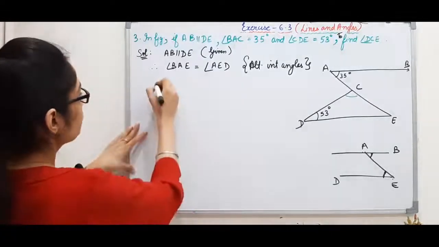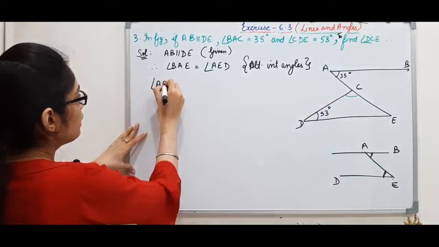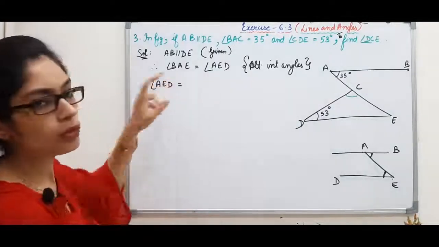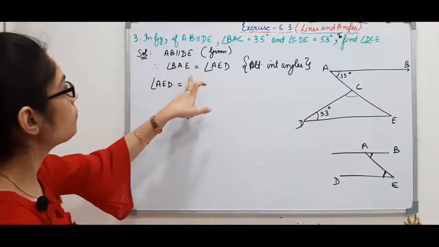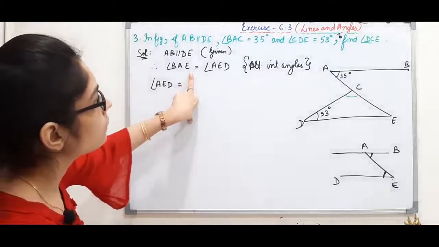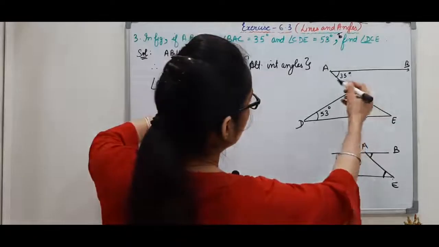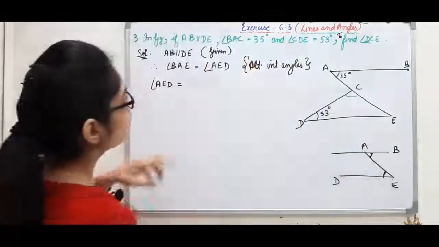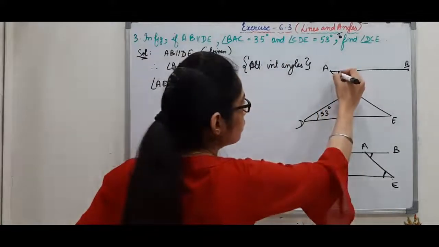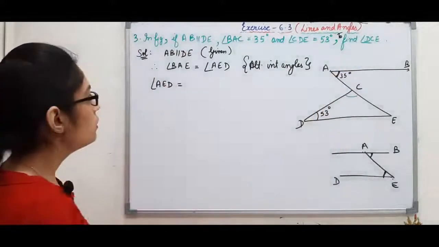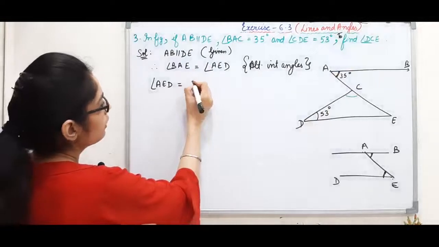Therefore, angle AED is equal to, because we know the value of BAE, it's already given to us. So BAE is equal to 35 degree.